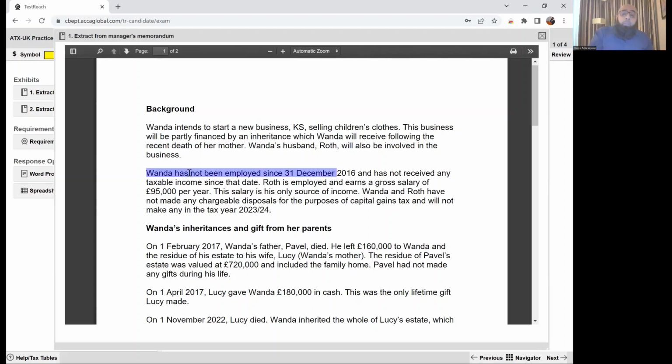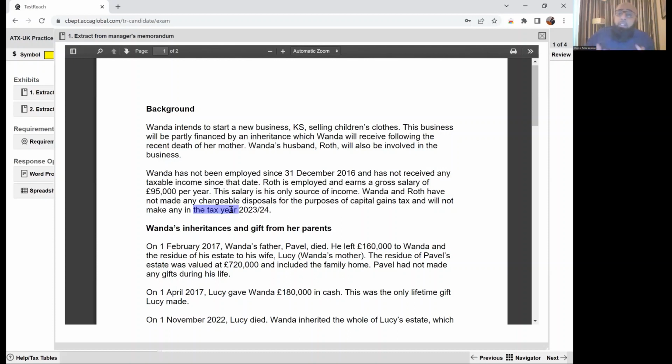Venda has not been employed since 31st December 2016 and has not received any taxable income since that date. Roth is employed and earns a gross salary of 95,000 per year. This salary is his only source of income. Venda and Roth have not made any chargeable disposals for the purpose of capital gains tax and will not make any in the tax year 23-24.